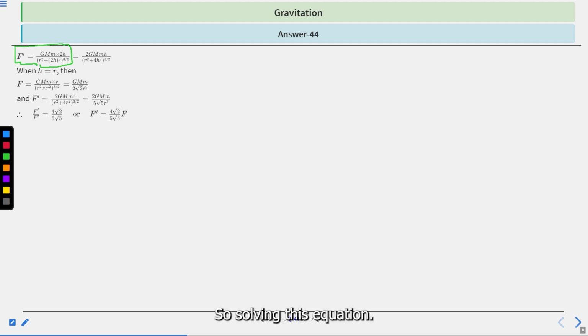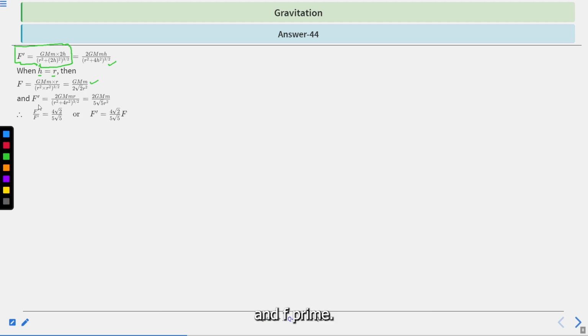Solving this equation, you will get F prime is equal to 2 G m m h divided by (r square plus 4h square) whole power 3 by 2. According to the question, when h equals r, F equals G m m multiplied by r divided by (r square multiplied by r square) whole power 3 by 2, and solving this term you will get G m m divided by 2 root 2 r square.